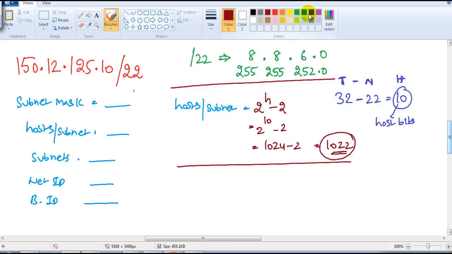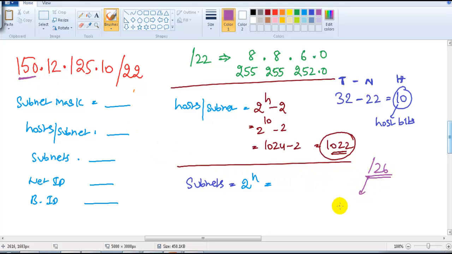The third thing is how many subnets we get. We take 2 to the power of n, where n is the converted network bits. In my scenario the slash value is 22.